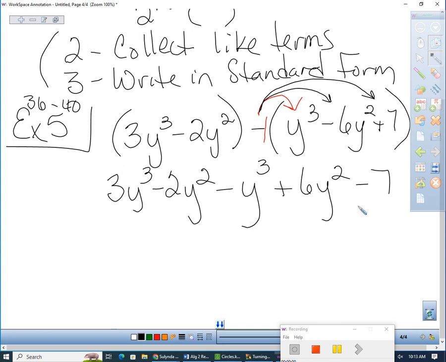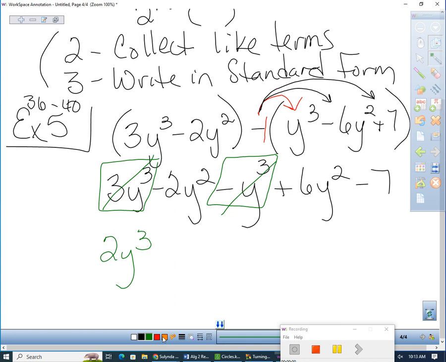All right, now we're going to do 2 and 3 at the same time, right? So we're going to start with our highest exponent, which is what? All right, so I have 3y to the third, and I have a -1y to the third. So we have 2y to the third. Takes care of those. Moving on to the next one. What's my next one?